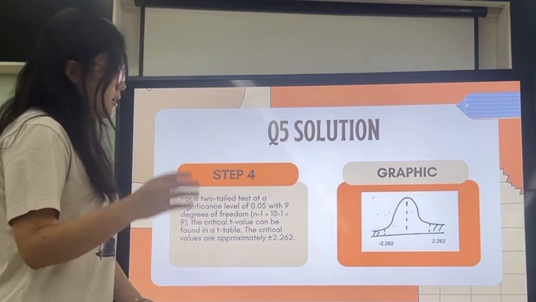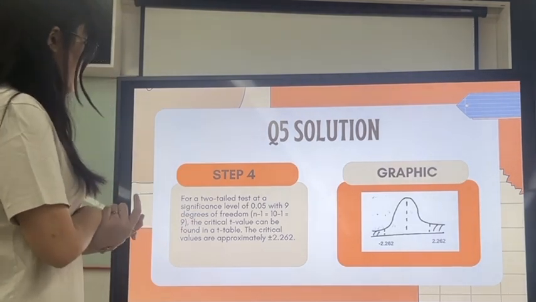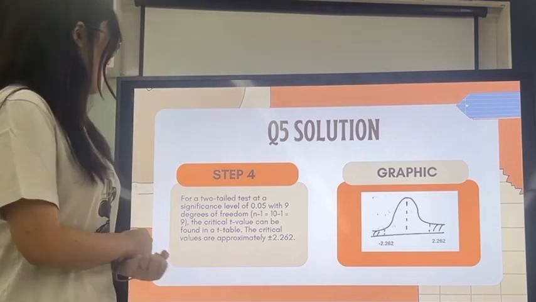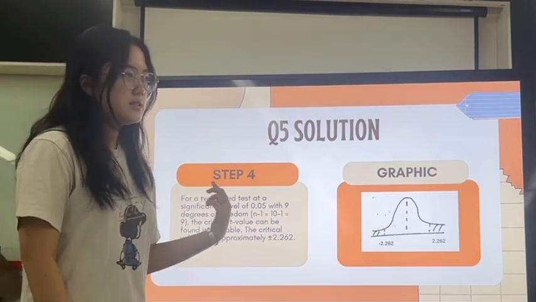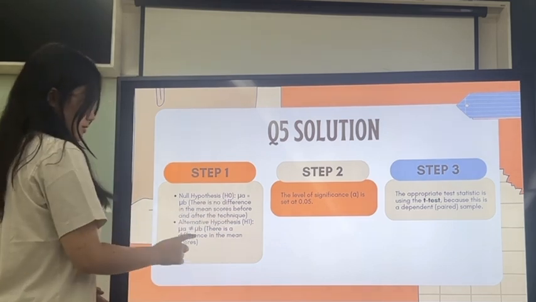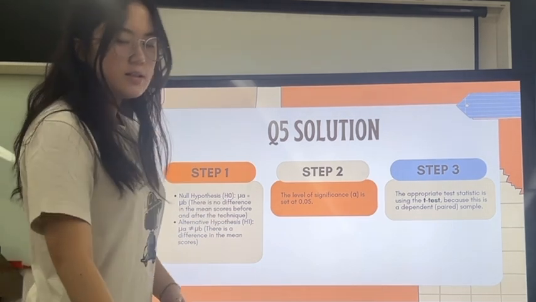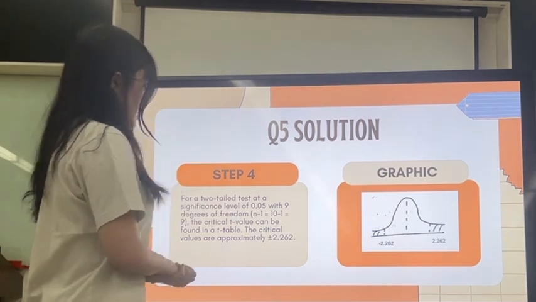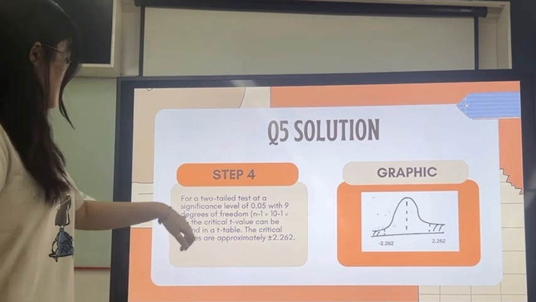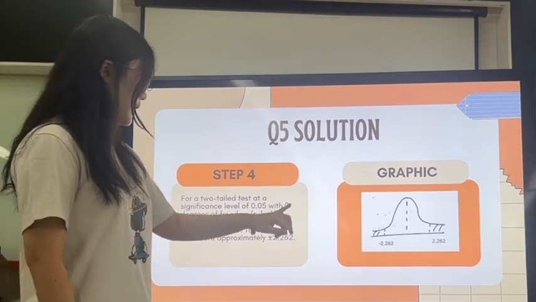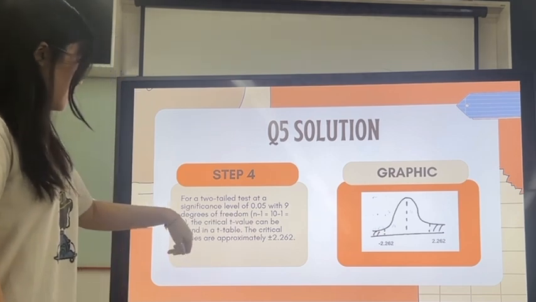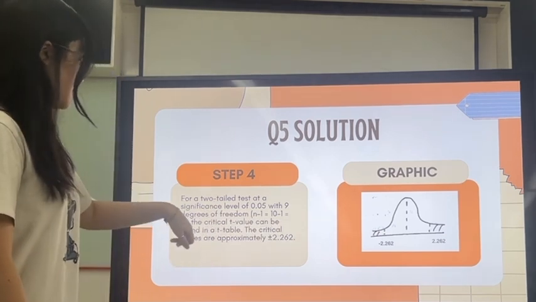Okay. So step 4, we're going to find the critical value. And again, because this is equal and not equal to here and here, this is a two-tailed test. And with a df or degrees of freedom of 9, because n minus 1, which is 10 minus 1, we can find 9.